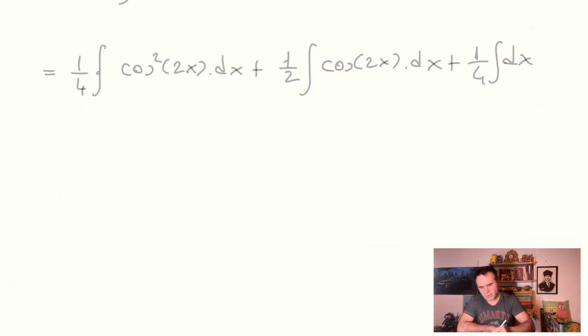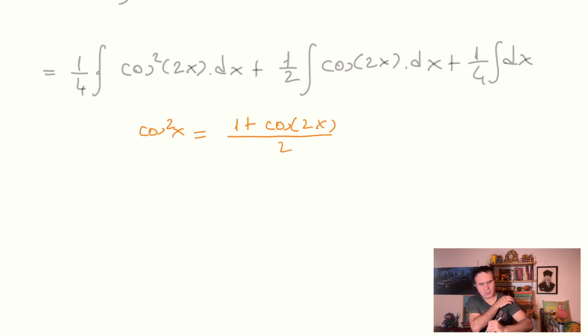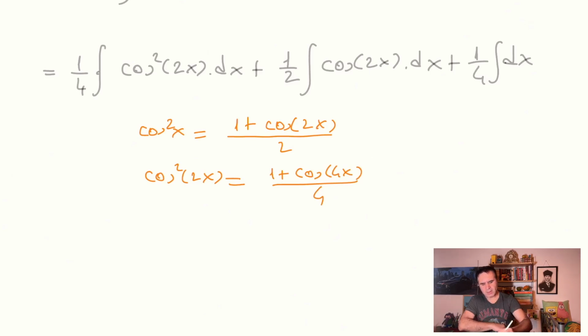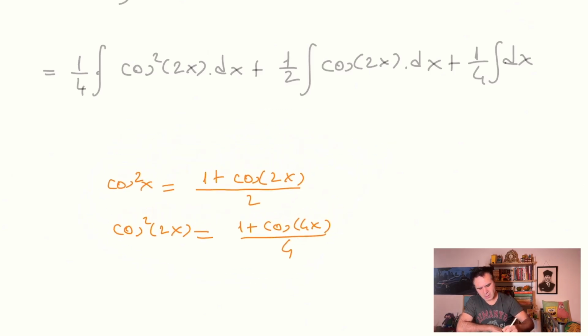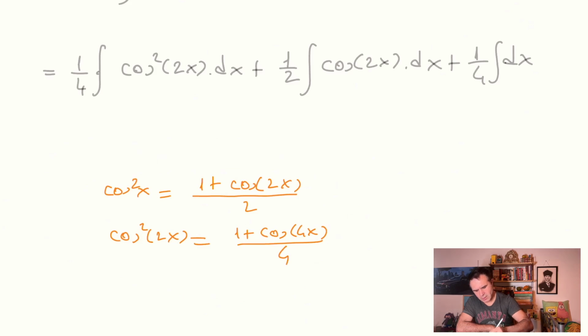Here we will use again the equation: cosine square of x was equal to (1 plus cosine 2x) over 2. Then cosine square of 2x will be equal to (1 plus cosine 4x) over 2.